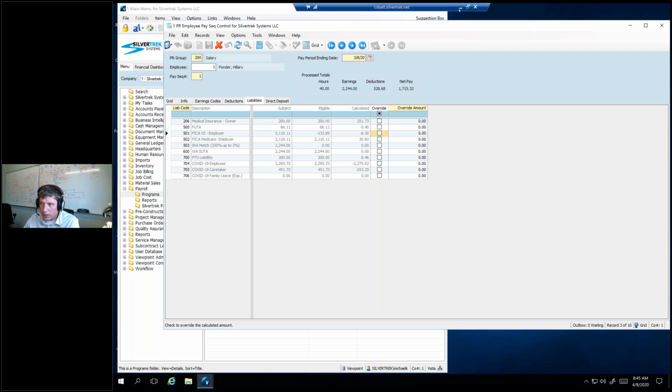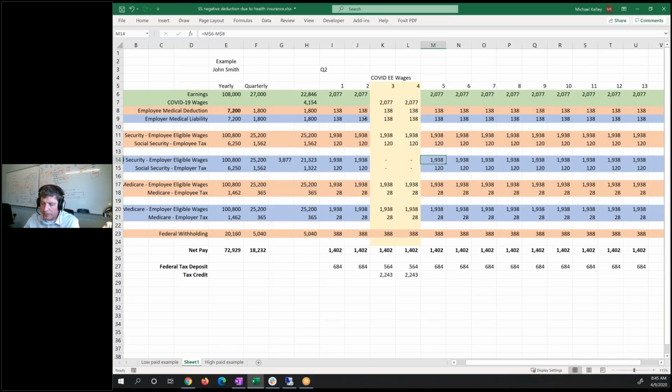Well, the problem with that is if we were to reduce this to zero, now we've actually reduced the difference. The sum of all of these things is too much. Now the difference between what normally would be happening in the calendar quarter, 25,200, and what we've now done on our subject wages, 21,323, is not the same as our COVID-19 wages.